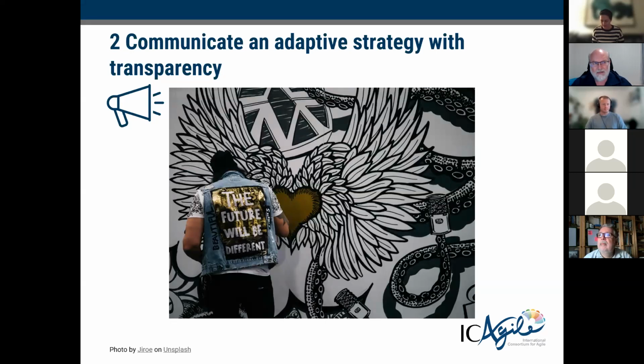An effective adaptive strategy is articulated and communicated across the whole organization to enable local decision-making that aligns with and is constrained by the organization's goals. So empowering the people at the edge, but giving them those clear guidelines and guardrails to work within.